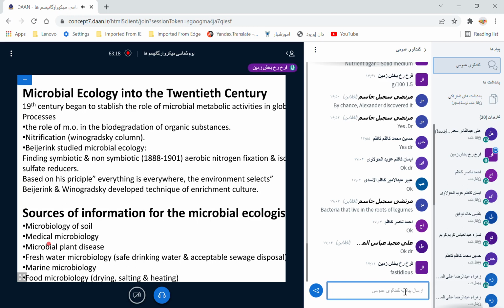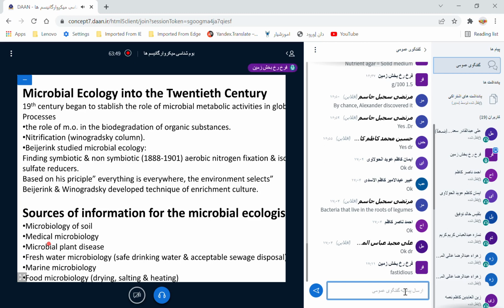Another one is medical microbiology. Here we want to understand the interactions between the pathogenic microbe and the human. What does the microbe do to the human? What are the differences of the human to the microbe? And how can we help the human to win the war?